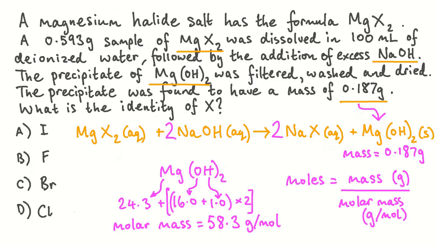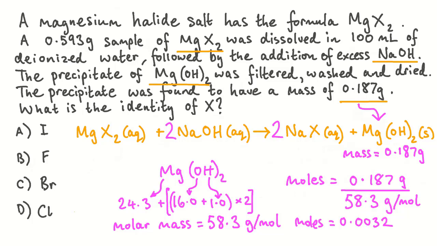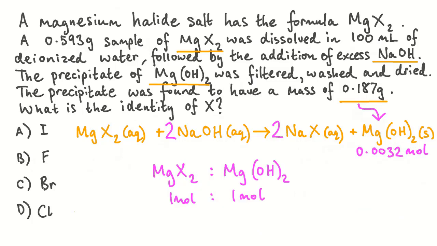The moles of magnesium hydroxide produced can then be found by taking its mass in grams and dividing it by the molar mass in grams per mole. The moles of magnesium hydroxide is therefore 0.0032.